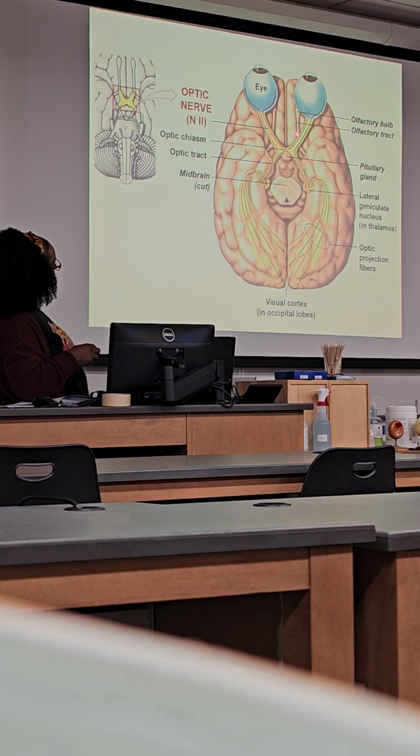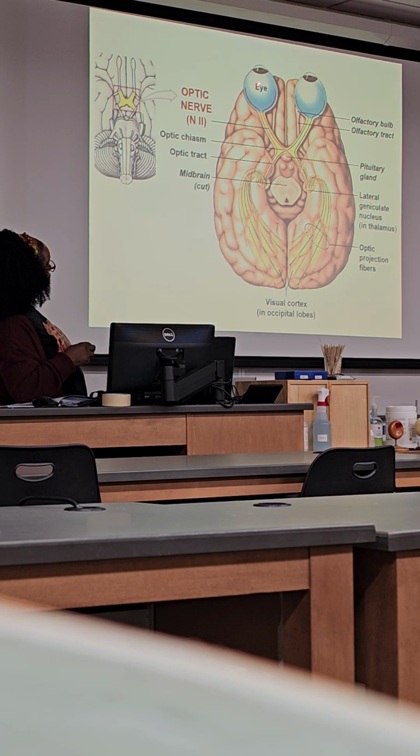As the axons travel back, only the axons coming from the medial side of both eyes are going to cross. The axons on the lateral sides of both eyes are going to continue back on the side that they're on.